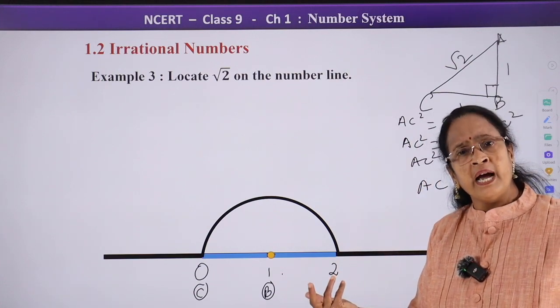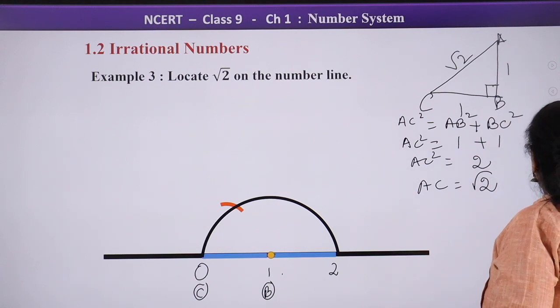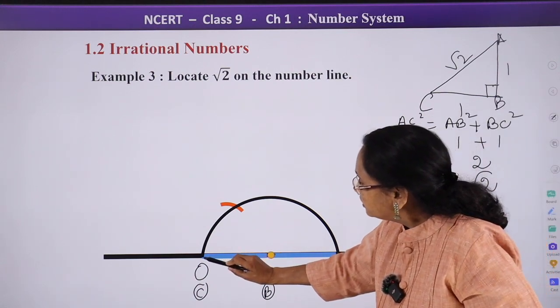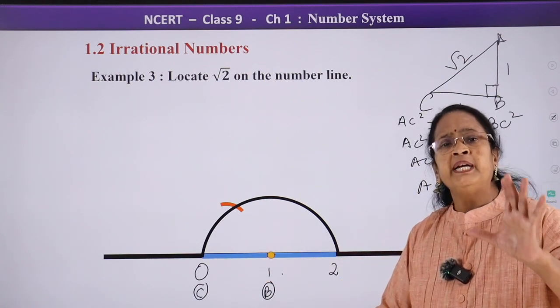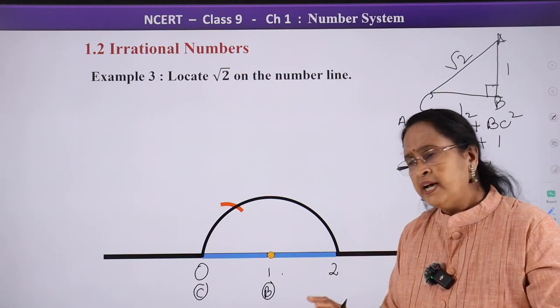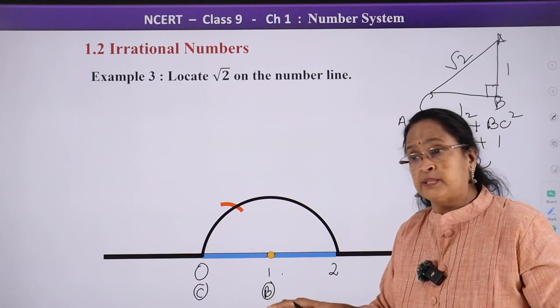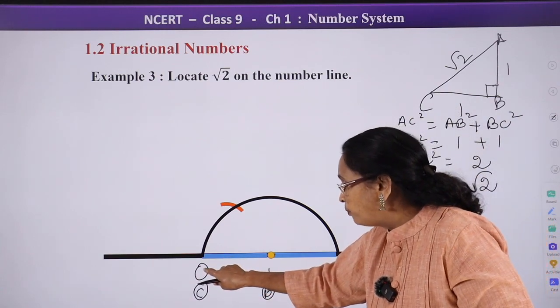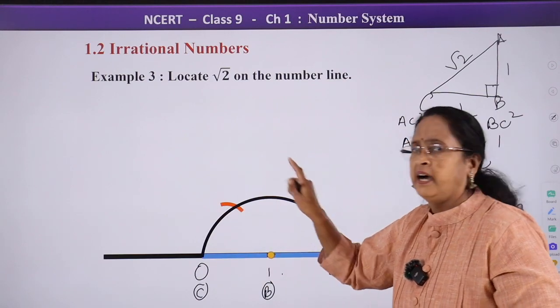Now I want the angles. Let us see that. Now, the first angle, taking 0 as center, with the same radius. Please remember, children, the same radius. The radius with which you drew the semicircle, with that same radius and 0 as center, we will cut an arc.